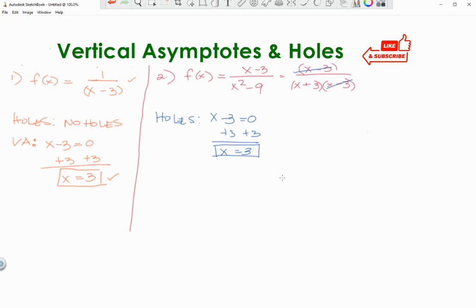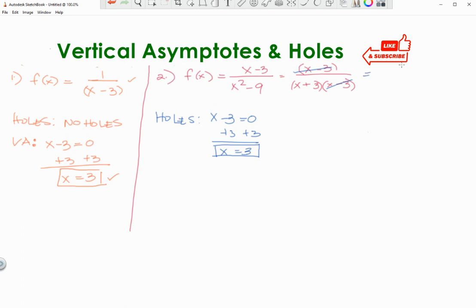That's not really the actual hole, that's just the x coordinate of the point. If you want to find the actual point, you need to substitute that in. This one right here can be simplified.